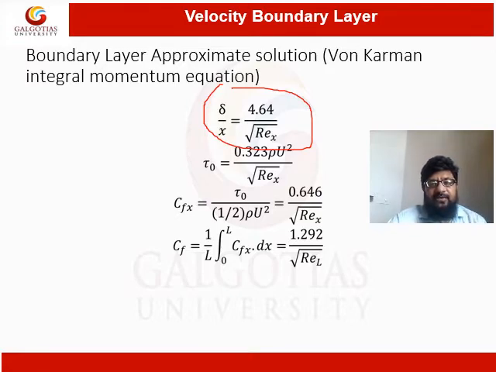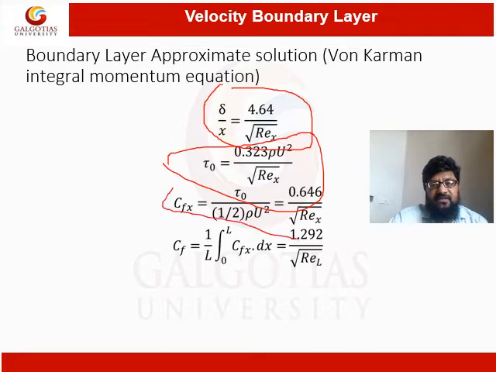Similarly, we can calculate the shear stress in terms of Reynolds number, and thus we can calculate the friction coefficient, which comes to 0.646 over under root Reynolds x. Then we can integrate this friction coefficient over the entire length to calculate the total friction coefficient on the surface.